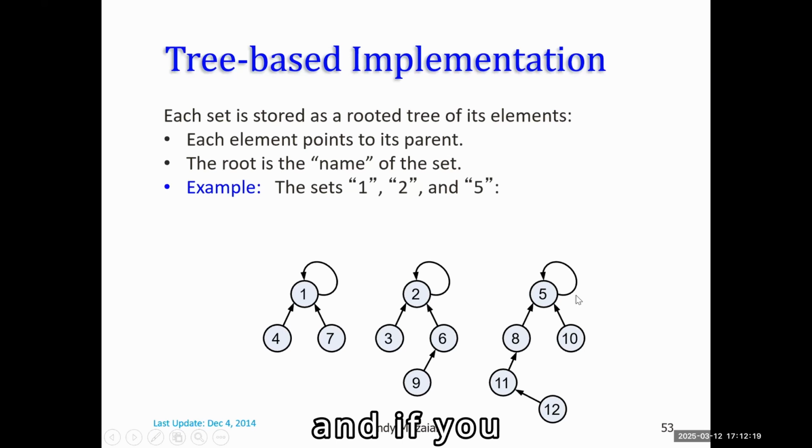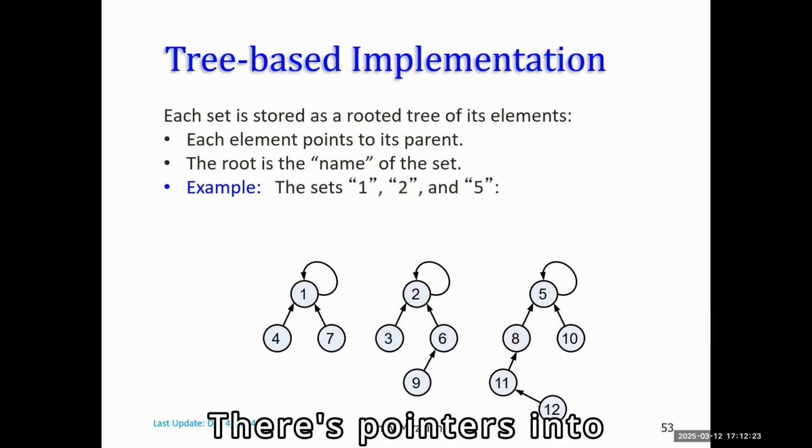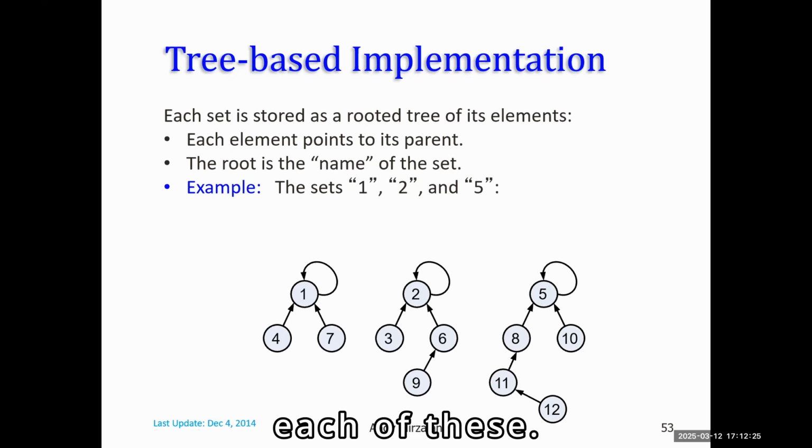And if you were to say, hey, 11, there are pointers into each of these. So if you want to know about 11, you can go in and find 11. And then you might want to say, hey, 11, which set are you in? So you walk up the parents until you get to the root.